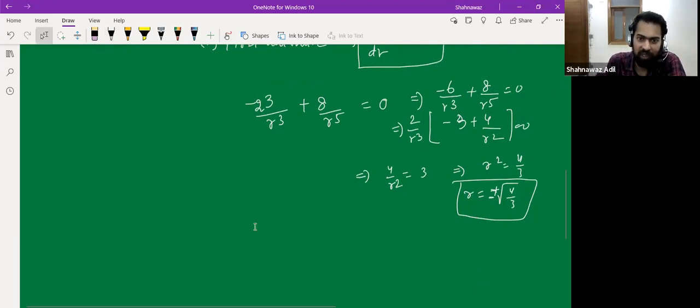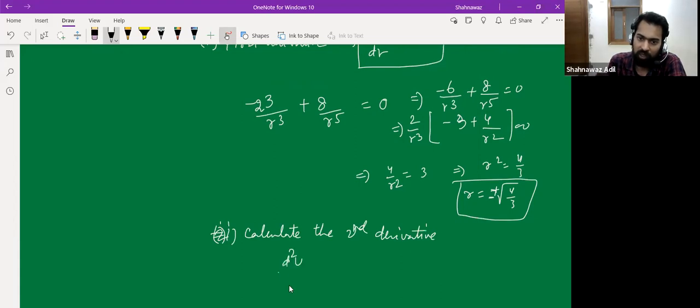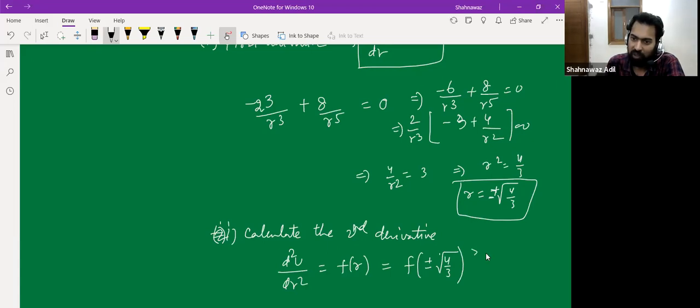So we will calculate the second derivative. Second part, calculate the second derivative. Right, so this is d square U by dr square. And whatever this value comes, let's say this is a function of r, we will find those values at these critical points. Right. So if this value is greater than 0, then we will have stable equilibrium.